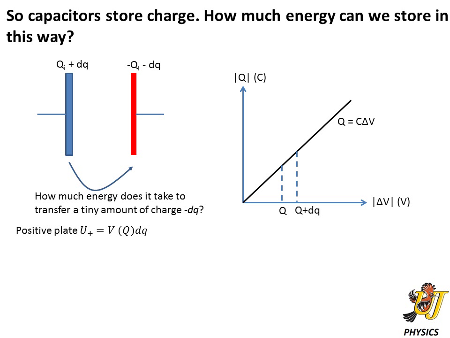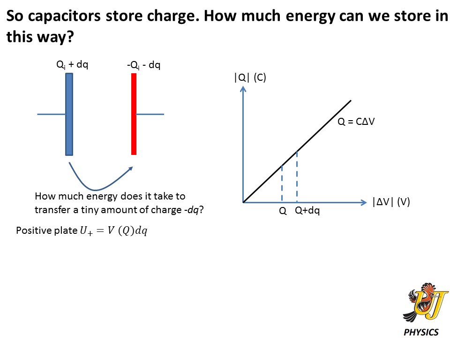To calculate this quantity, first let's look at the change in potential energy that the positive plate experiences if we remove a small amount of negative charge from it. The positive charge stored on this plate of the capacitor therefore increases by a small amount dq.